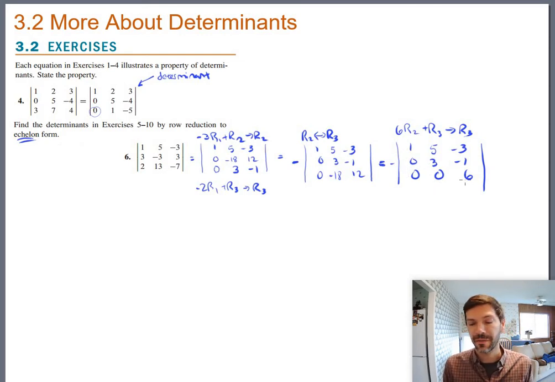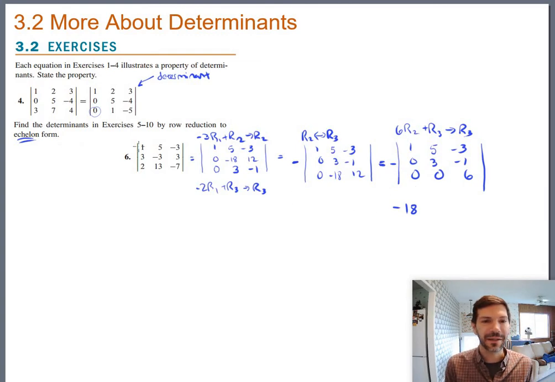There's a pivot in every column, so this thing's invertible, and the columns are linearly independent, and a bunch of other stuff, but all we really want right now is the determinant. So the determinant is the product of the main diagonal. So 1 times 3 is 3, times 6 is 18, so it's negative 18.